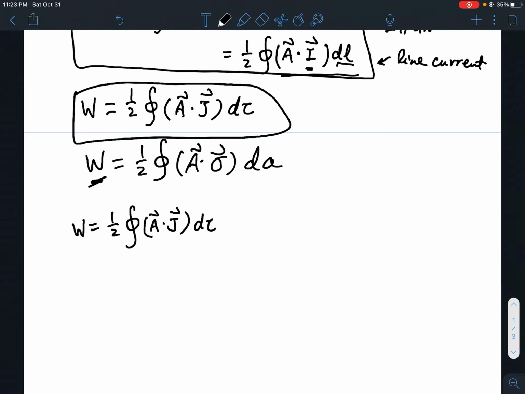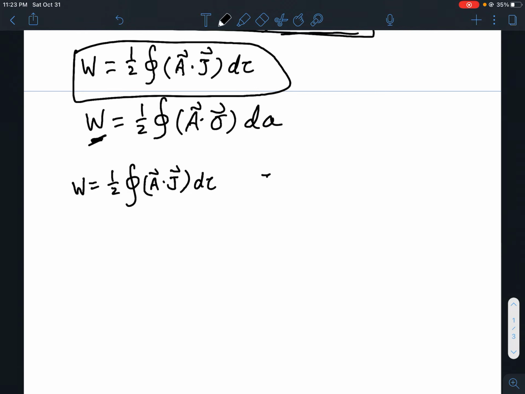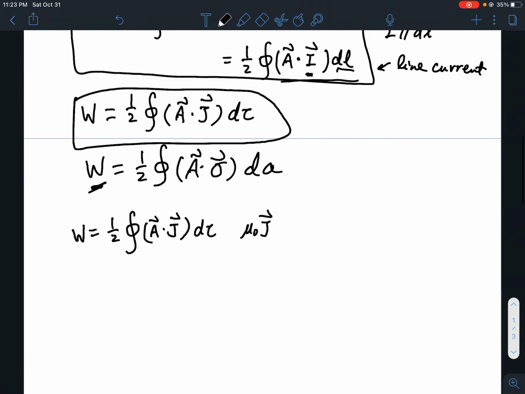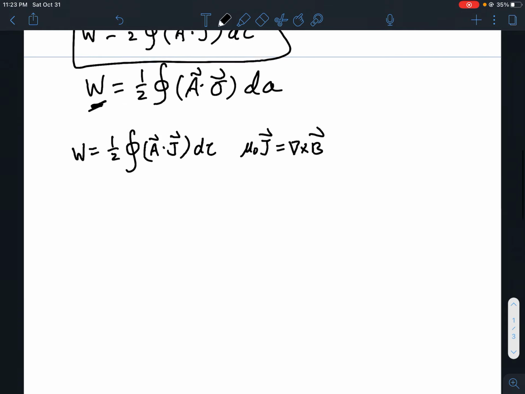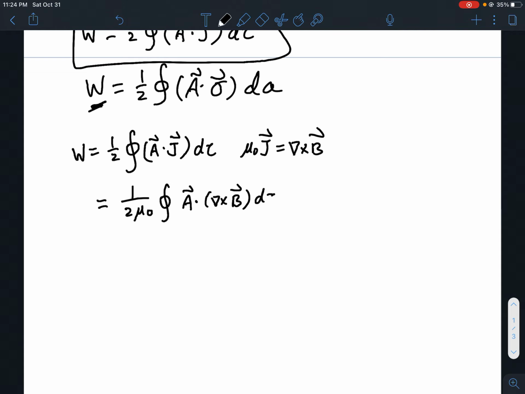And from Ampere's law, we know that mu 0 J is really equal to del cross B. So this is Ampere's law, and we just plug in. We move mu 0 out, and then we have this integral A dot del cross B d tau.